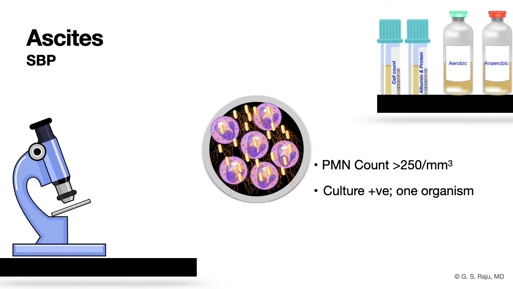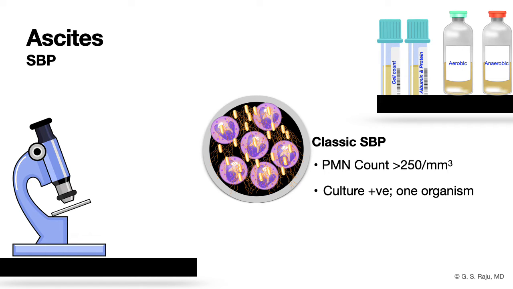And if the culture becomes positive, usually in spontaneous bacterial peritonitis, it is only one organism, typically gram-negative, E. coli, Klebsiella, etc. And this is classic spontaneous bacterial peritonitis with elevated polymorphonuclear count, that is neutrophil count, above 250, and just one organism positive on culture.